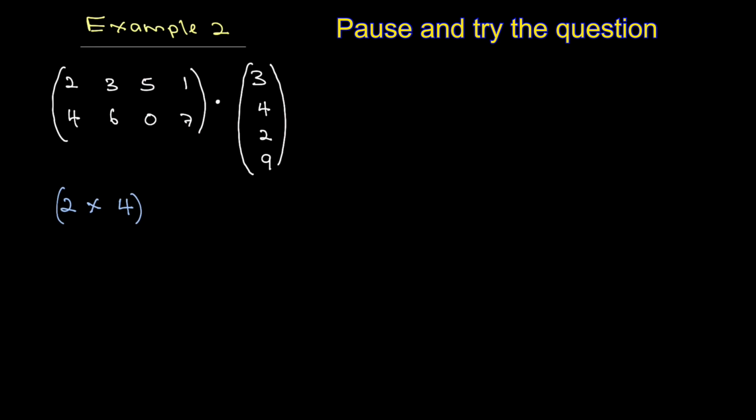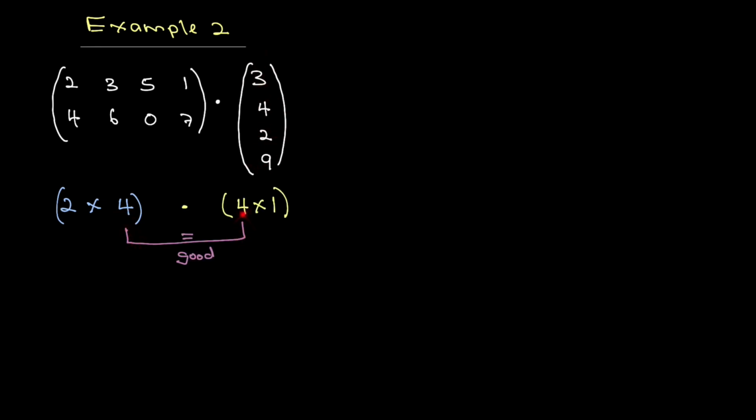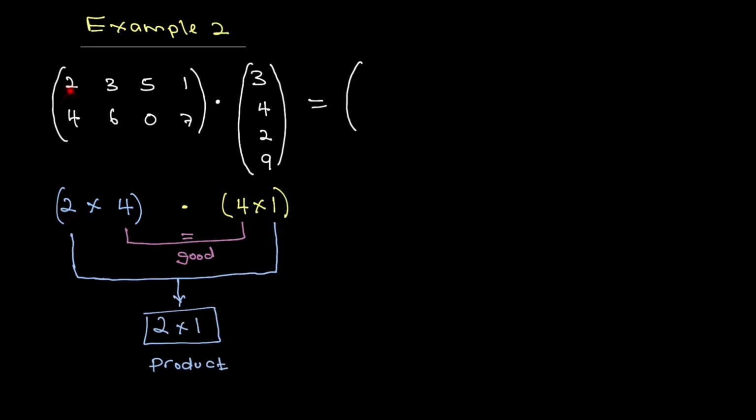Example 2. This is 2 by 4, 2 rows, 4 columns, and this is 4 rows, 1 column. The column count is equal to the row count, so that's good for multiplication, and the final product will be 2 by 1. So this is 2 times 3, 6, 3 times 4, that's 12, plus 5 times 2, that's 10, plus 1 times 9, that's 9.